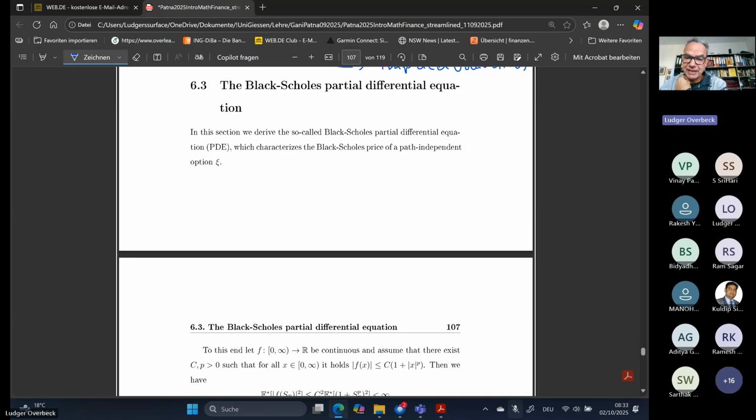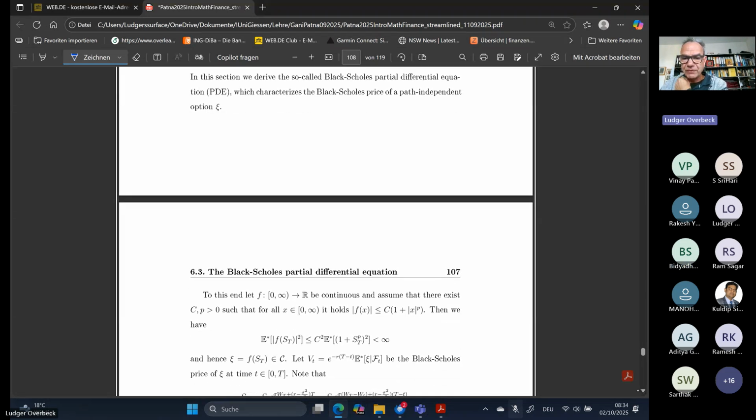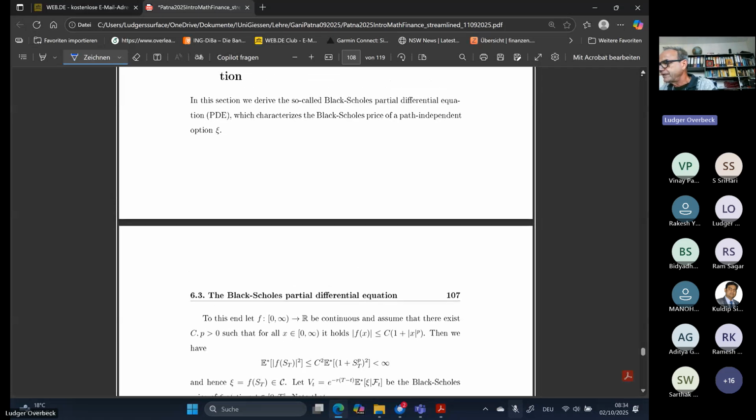But this depends on the market. There might be markets where implied volatility is lower, but in general it should be higher. And of course, implied volatility depends on maturity and on strike price. We will probably do this also in the tutorial.